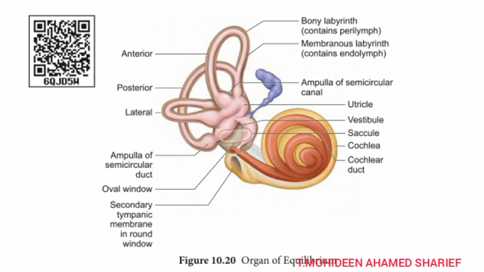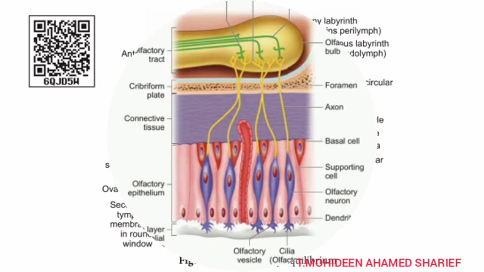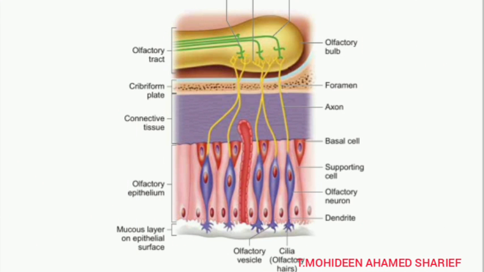Next, we will see about the organ of Corti. The organ of Corti is the sensory ridge located at the top of the basilar membrane, and it contains numerous hair cells that are arranged in 4 rows along the length of the basilar membrane.